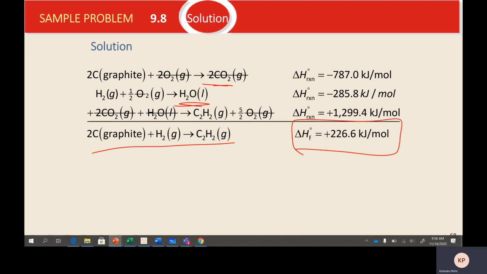This is the standard formation of water, and this is the reverse of the burning of acetylene, the reverse of the combustion reaction. So now you will see that the sign of the enthalpy value has also been changed.